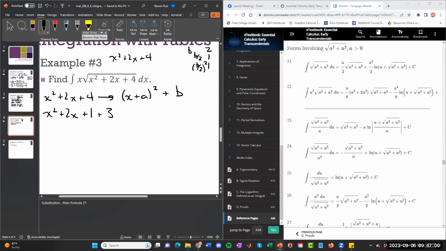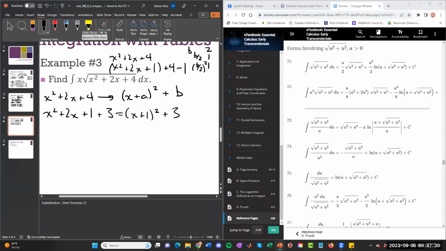Probably what you've seen done is, okay, I'm going to add the 1 to the x squared plus 2x plus 1. But the only way to do that legally is if I balance that out on the opposite side or outside the parentheses. So all of that gets us to the same place we are now, which is equal to x plus 1 squared plus 3.